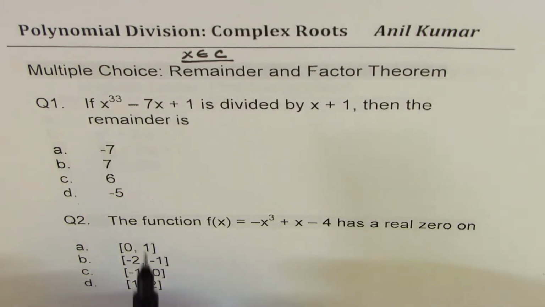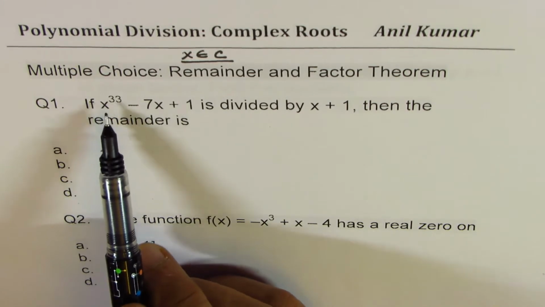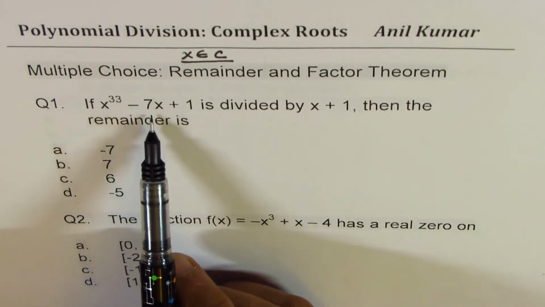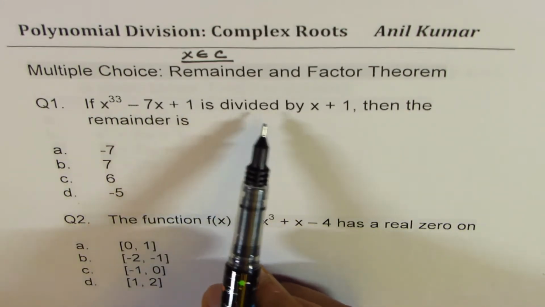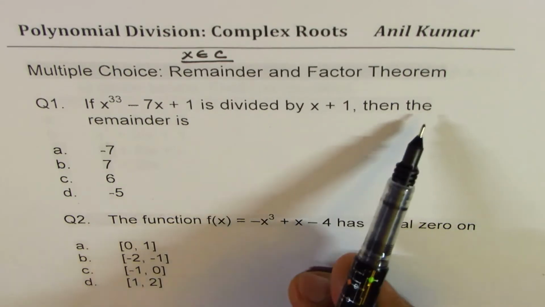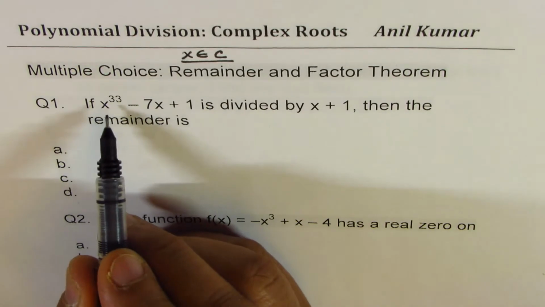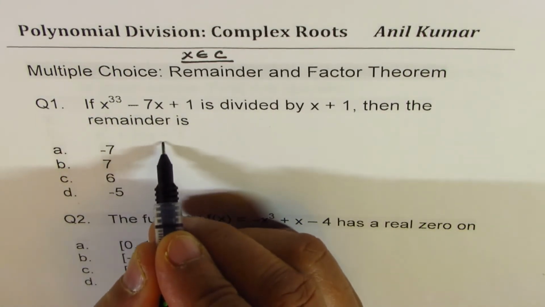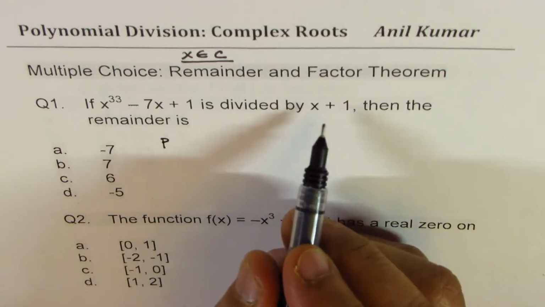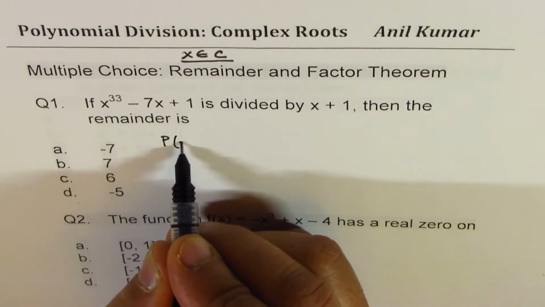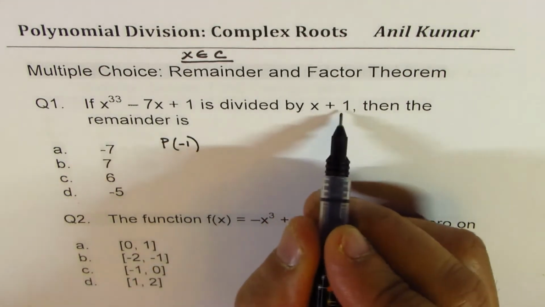Question number 1. x to the power of 33 minus 7x plus 1 is divided by x plus 1. Then the remainder is what? In this case, we can just find the value of this polynomial for minus 1. So what makes this 0?